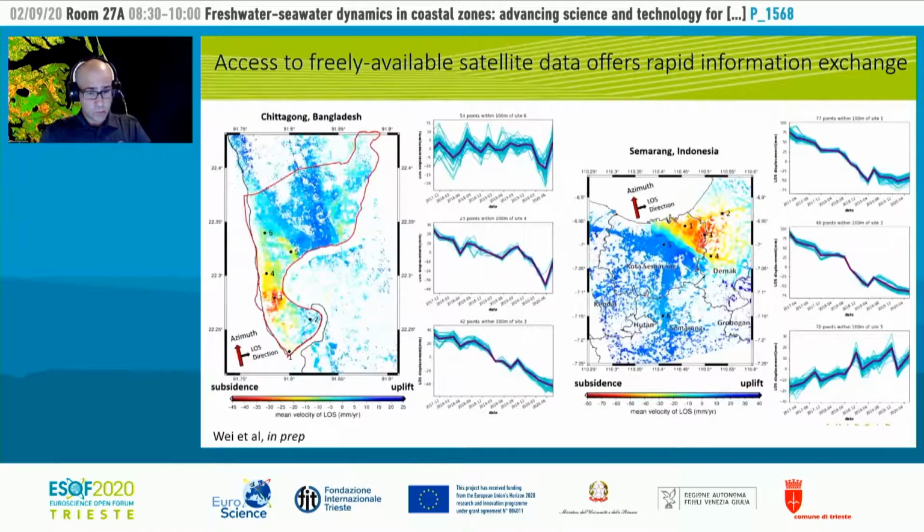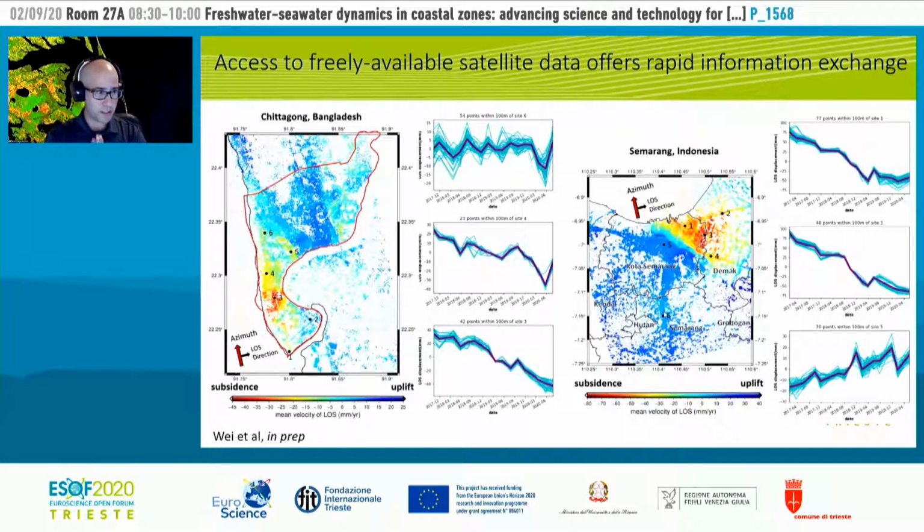And so one of the things that we can do with remote sensing, particularly when there's access to freely available satellite data, is it allows us to do rapid information exchange. And I'm showing here two examples, one from Chittagong, a coastal city in Bangladesh, and one from Semarang, a coastal city in Indonesia.